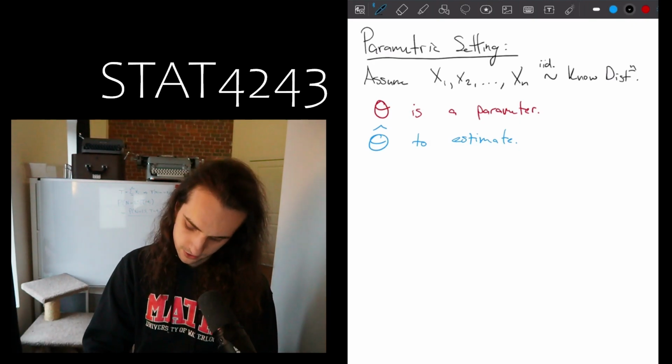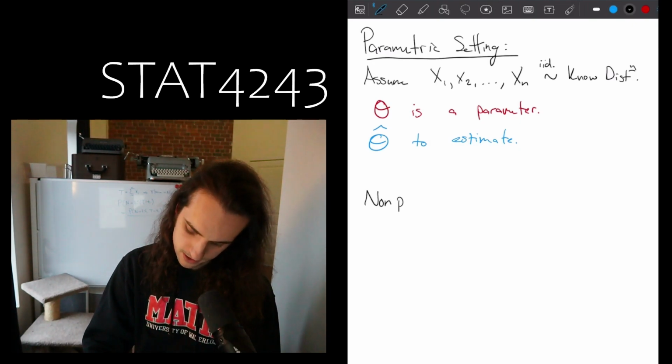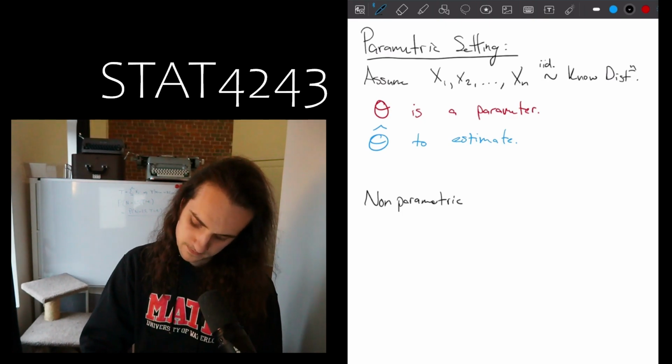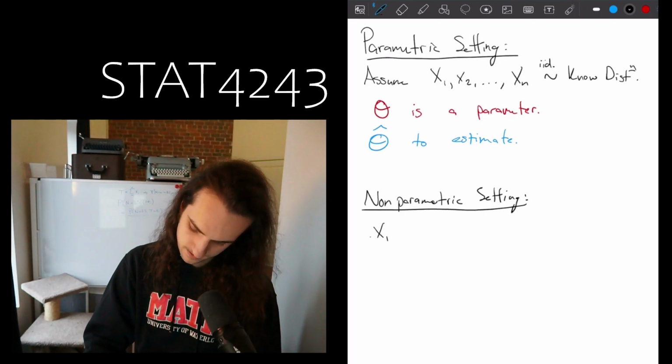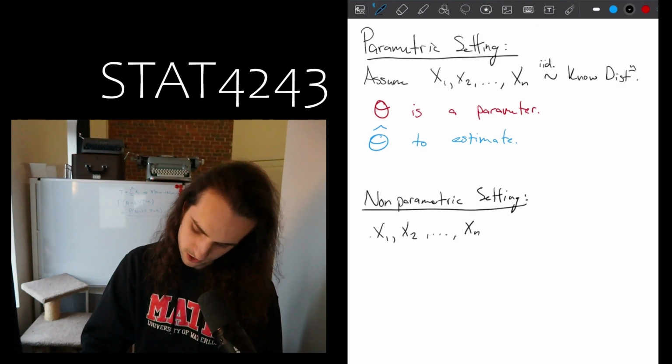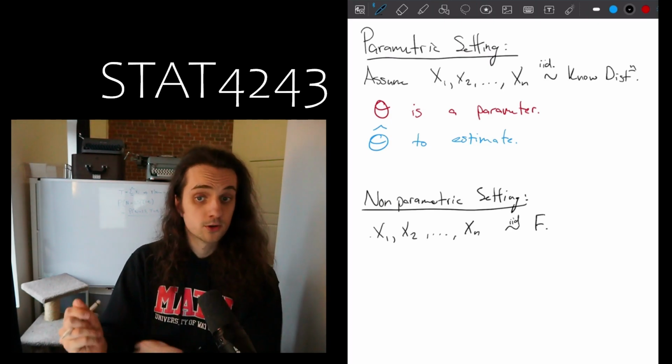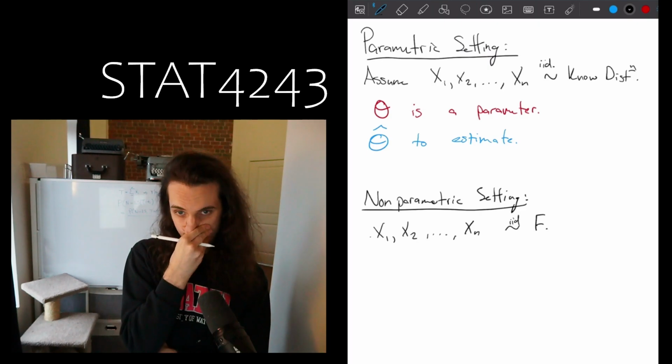In the non-parametric case, what we're thinking about is that x1 to xn are still going to be IID from some distribution, but we typically will just call this distribution f, or maybe we'll call it p.